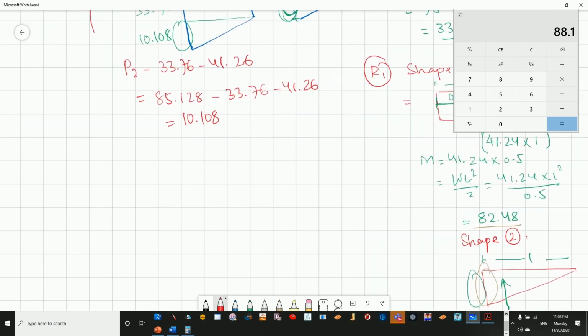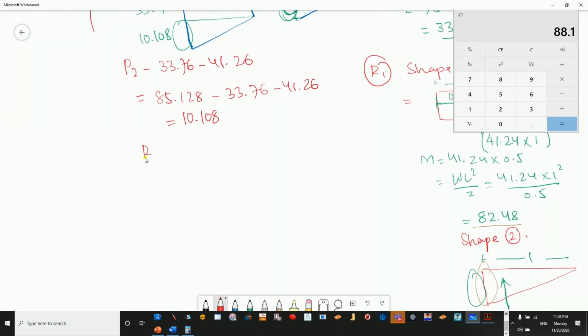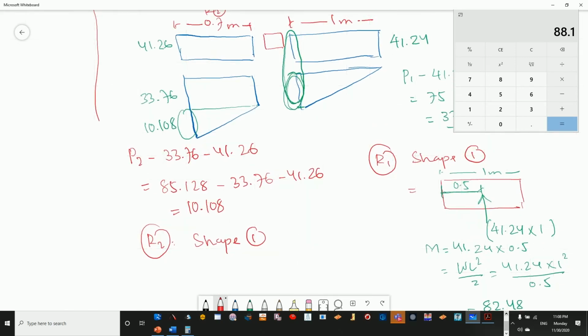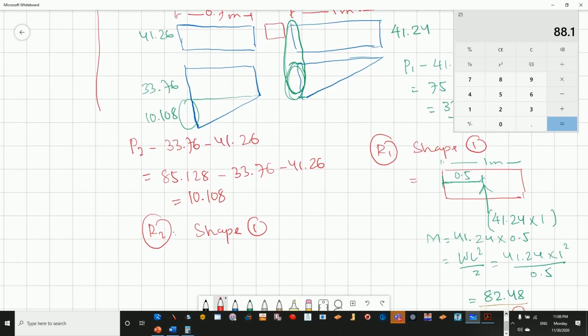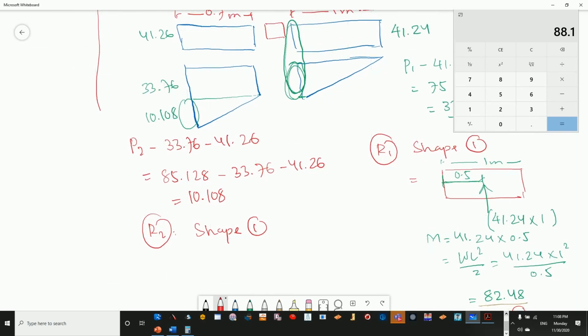Now going for region number 2. Okay, so we have shape 1, which is a rectangle, and for a rectangle we can use directly w squared over 2.